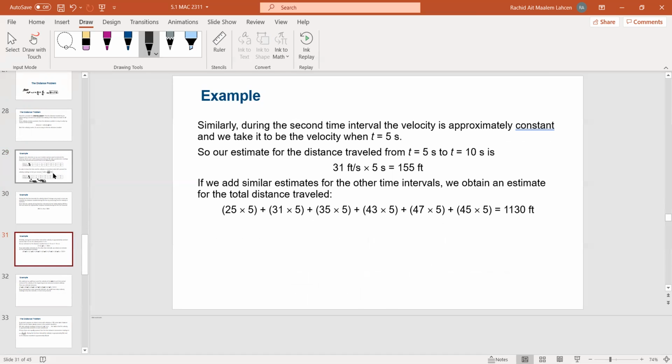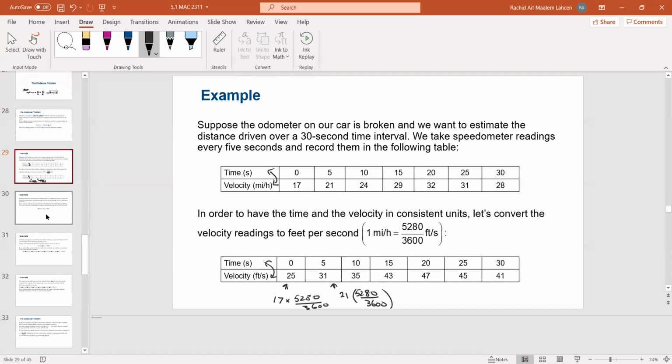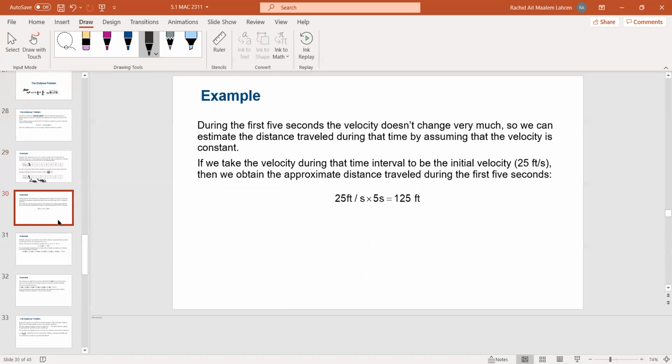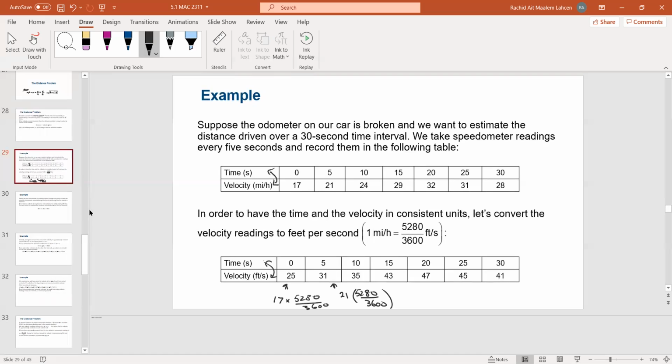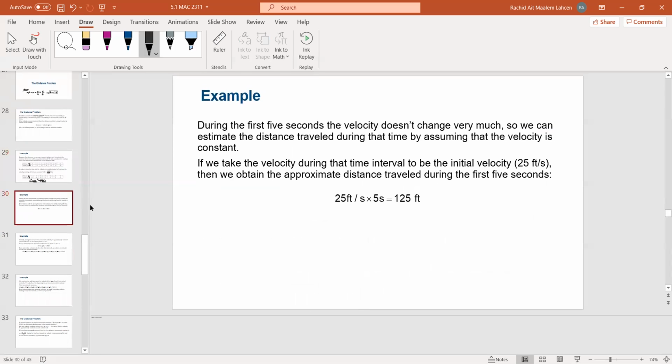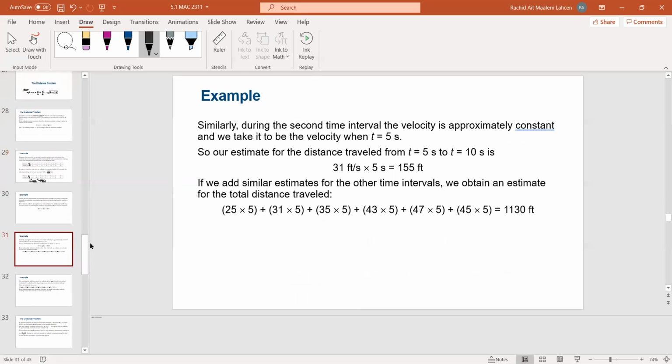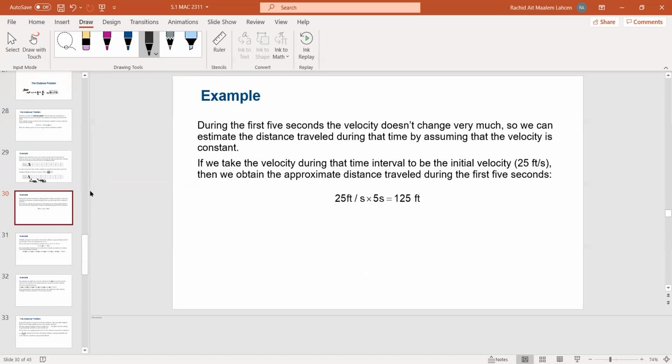But let's show this one, then we can do the other one. Let's break it apart.